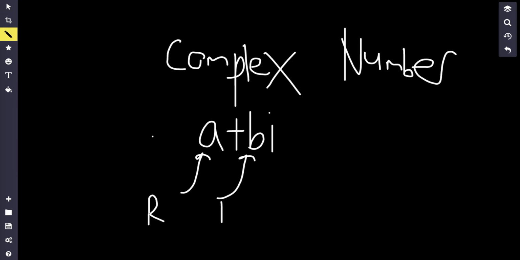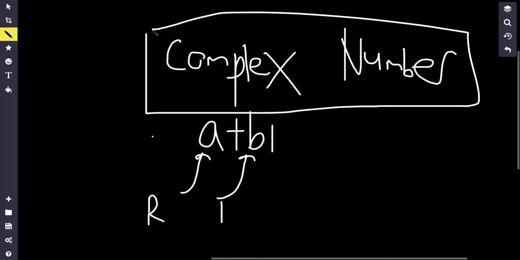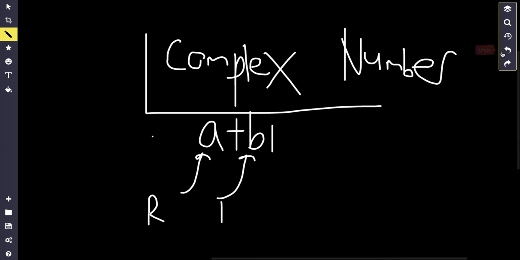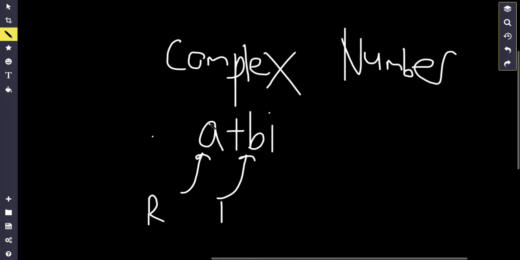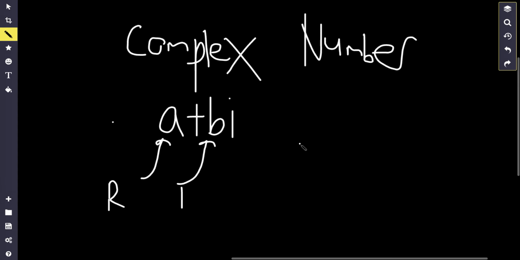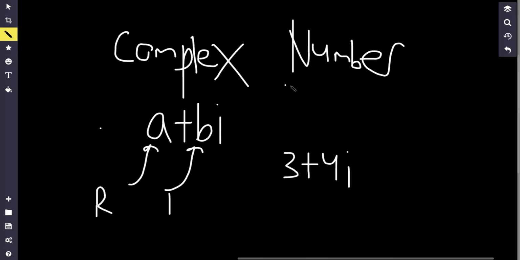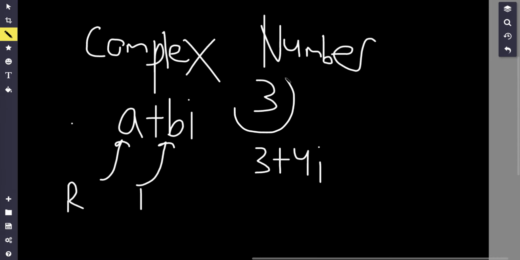So a little bit more about i. Complex numbers are numbers that can be written in the form a plus bi. A represents the real part, and the bi part represents the imaginary part. For example, something like 3 plus 4i is an example of a complex number. Even a number like 3 is actually a complex number, believe it or not, because it can be written in the form a plus bi.